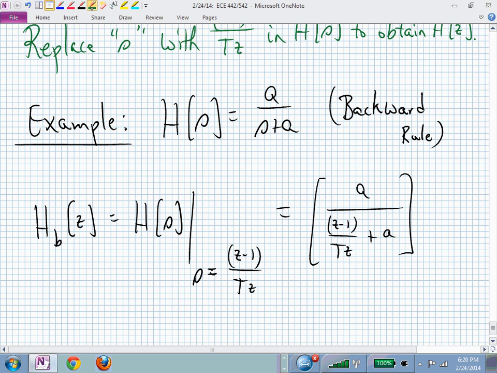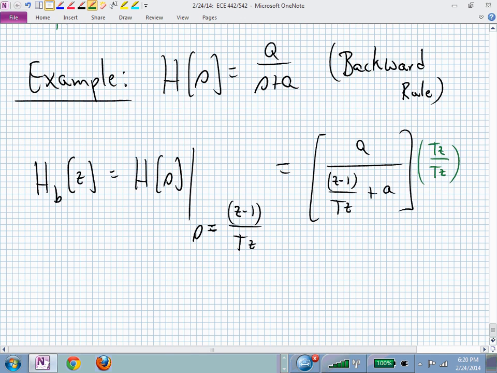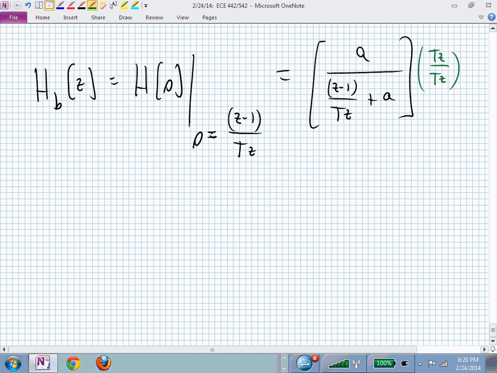And we don't really like ratios of ratios. Let's multiply by a convenient 1 value, which gives us Tz over Tz.